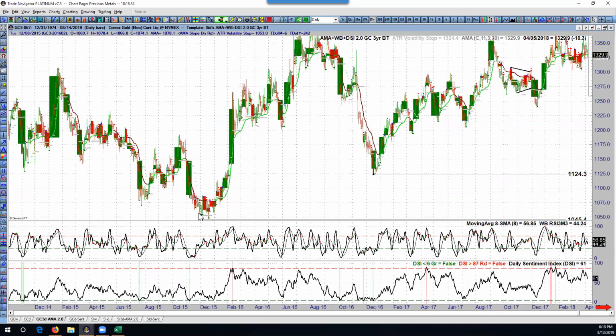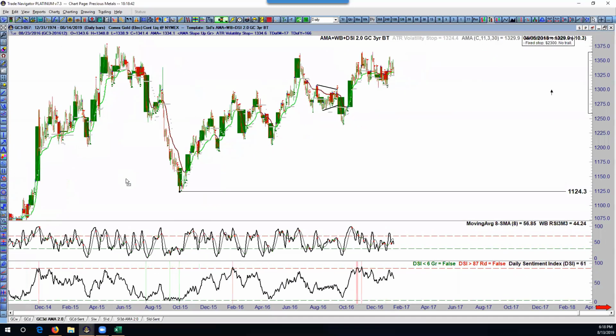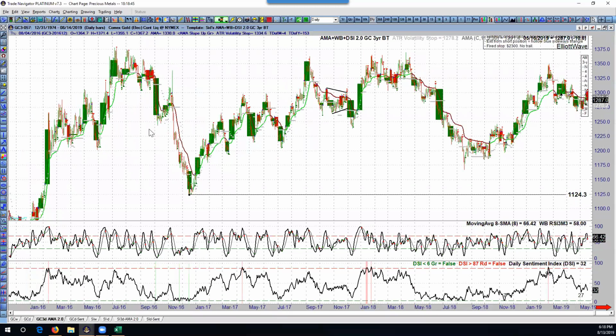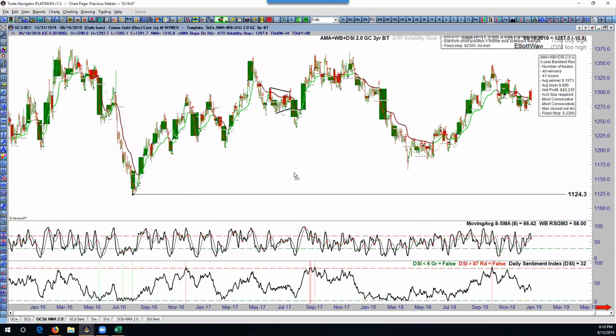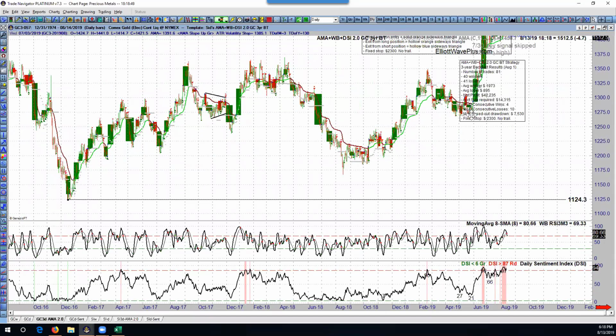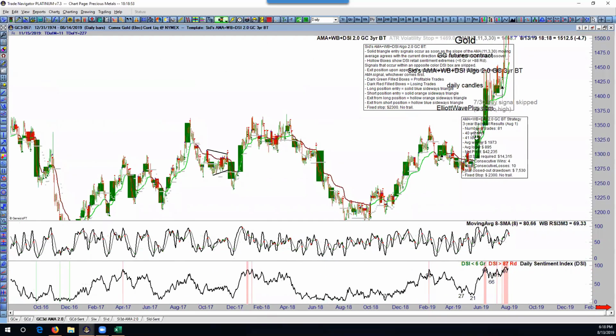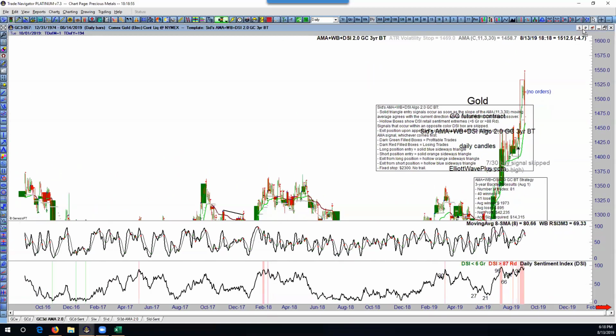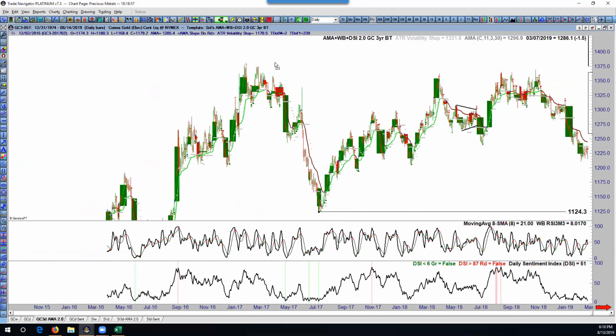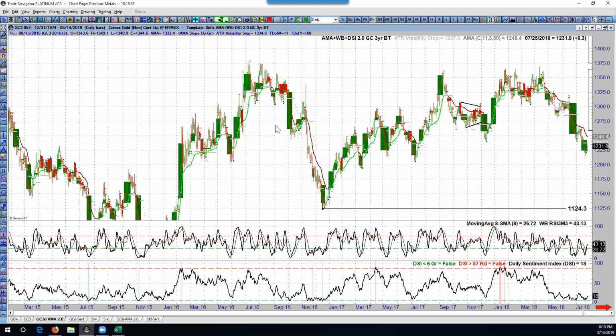So this is about the beginning of 2016 here, and it had that giant move up through about July of 2016. And then for the next 2.5 years, it chopped sideways until late May of this year, when it finally broke out and moved up above the high that it had back in 2016.